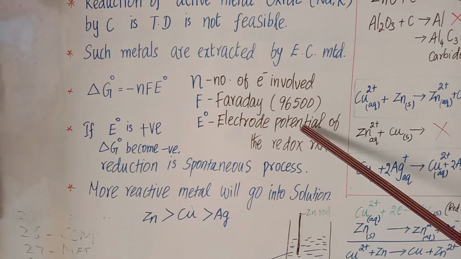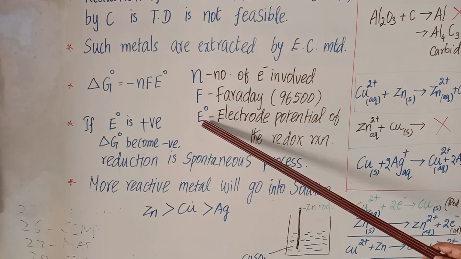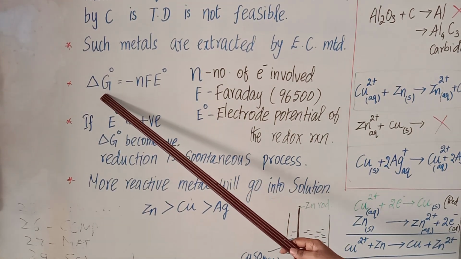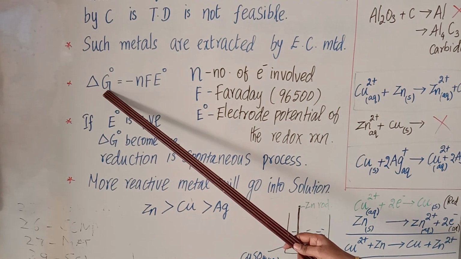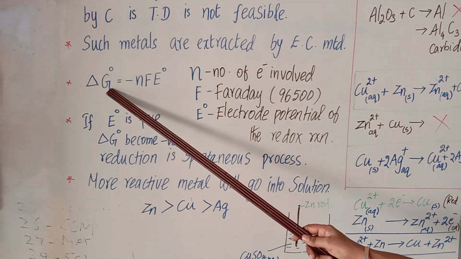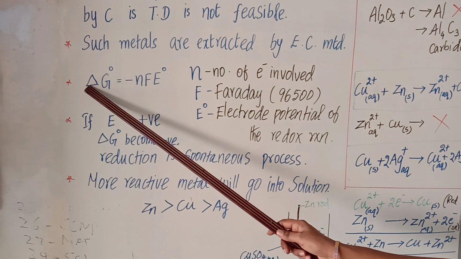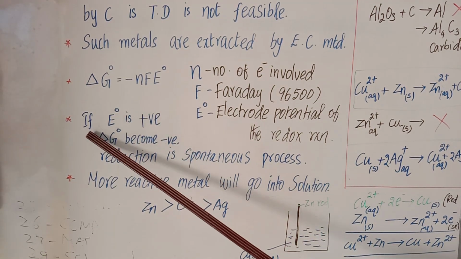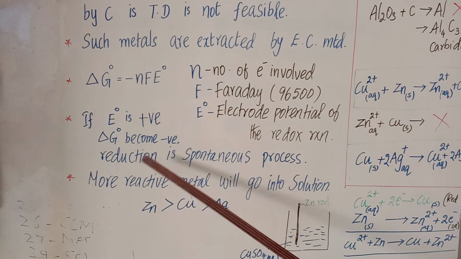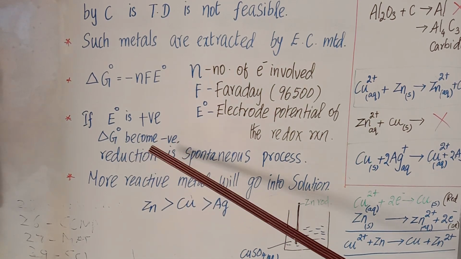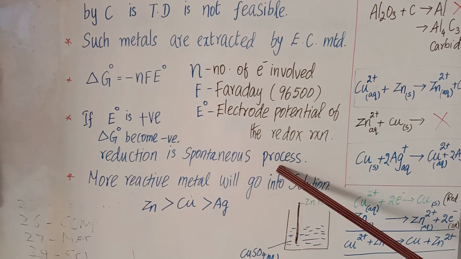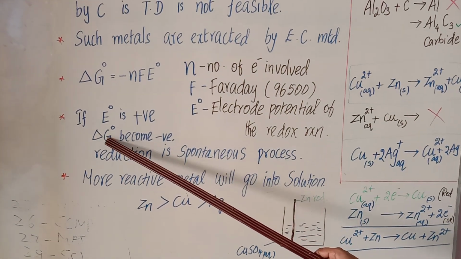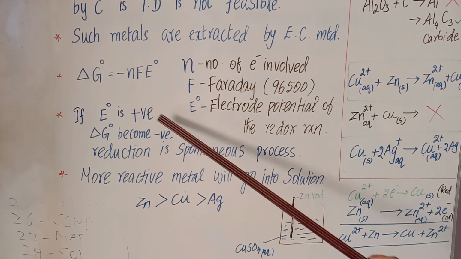So, the electrode potential of the redox reaction is E naught. And you know that delta G, which we have studied in the 11th standard, gives free energy. So, delta G naught is the change in standard Gibbs free energy. If delta G is negative, the reaction is a spontaneous process. So, for a spontaneous process, delta G naught should be negative.